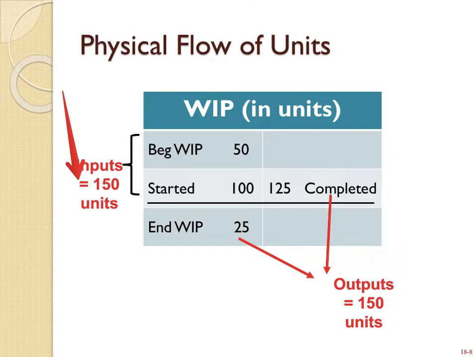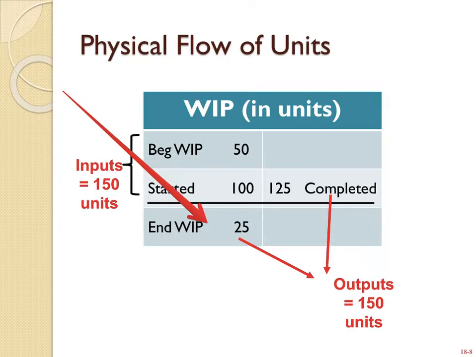Now, one of two things could have happened to those pens. Either you finished them, in which case they come out of this WIP account and move on to the next, or you didn't finish them, and then they are still in your ending work in process. Does this pattern sound familiar?